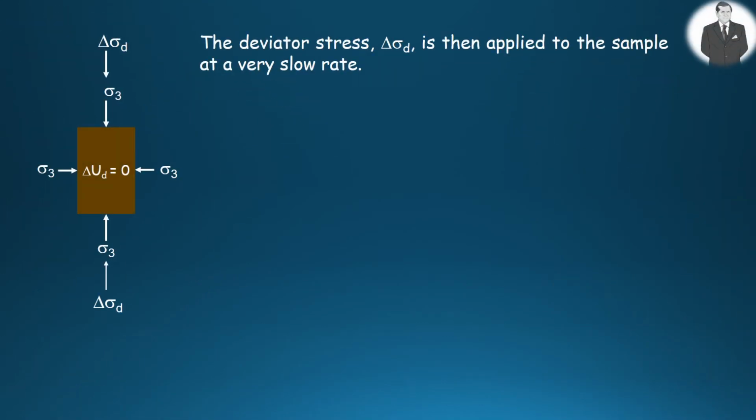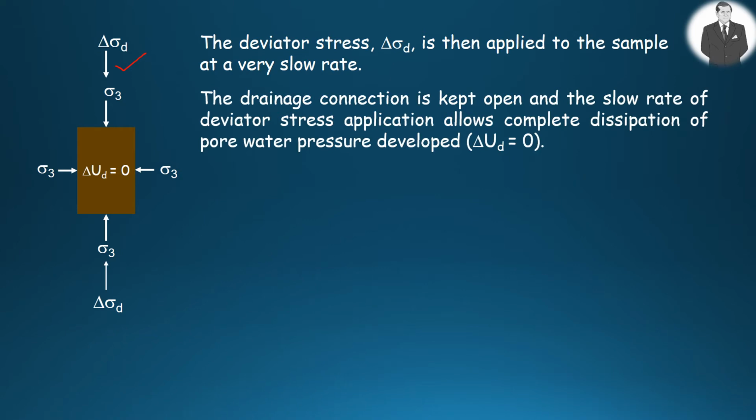After the application of confining pressure and the dissipation of the related excess pore water pressure, the deviator stress is then applied to the sample at a very slow rate. The drainage valve is kept open, and the slow rate of deviator stress application permits complete dissipation of pore water pressure generated during this stage.